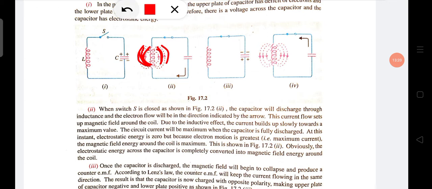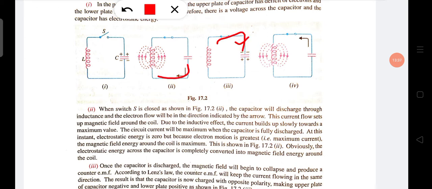That back EMF builds a current which flows in the same direction, this direction.